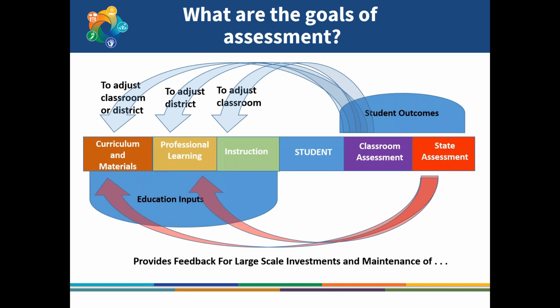So as you can see in this graphic, on the left side, you have the curriculum and material, professional learning and instruction at the basis, which you can plan for and deliver to the student. And then you will have the classroom assessment to assess what the plan, the instruction has done or provided to the student.